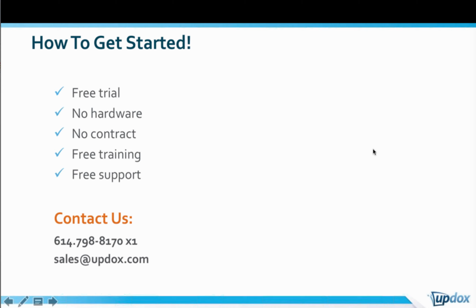I have a question about fax machines tying up the line. So the way that Updox fax works, we are actually server-based. So if you're receiving a large fax, it is on a different line than your sending would be. So in a lot of practices, what they'll do is wait until the end of the day to send a really large document because they don't want to tie up their fax line. With Updox, you could be sending and receiving simultaneously without any busy signals.